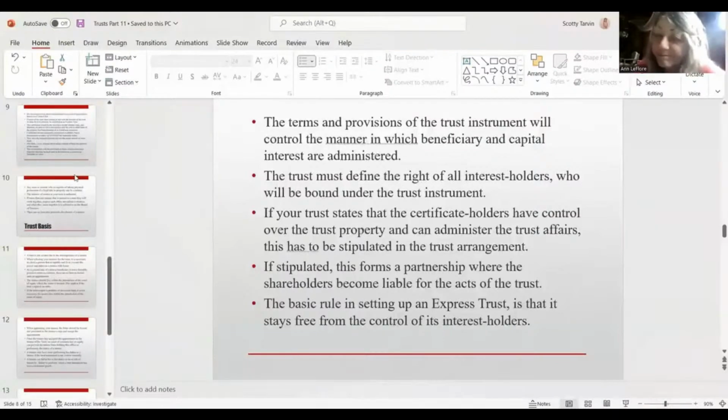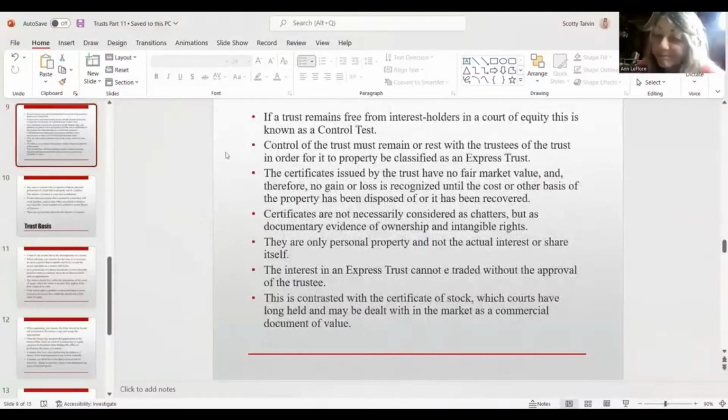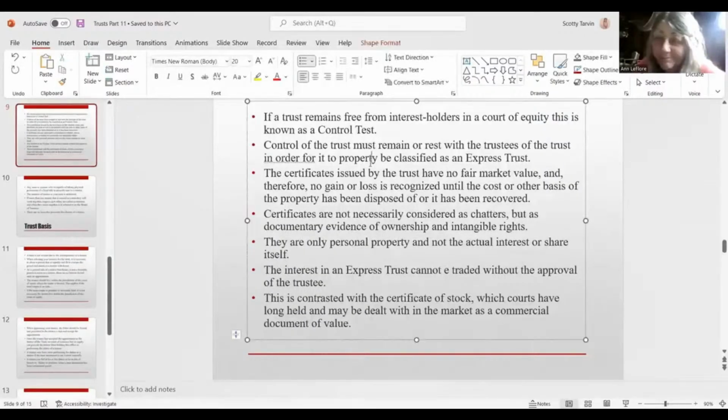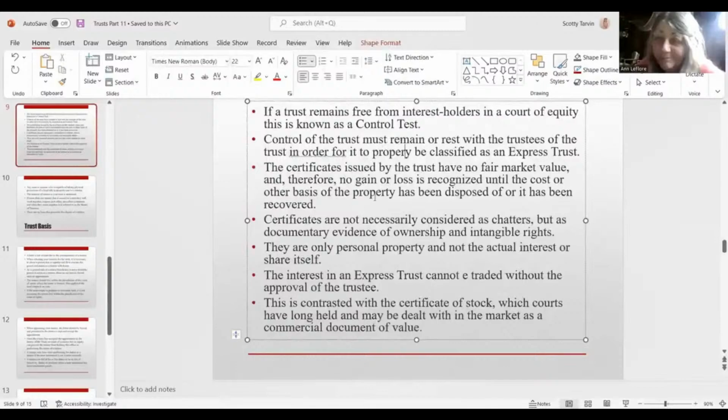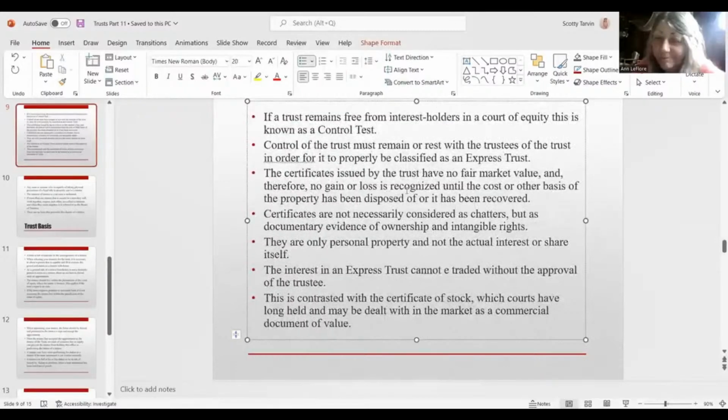All right. Panel 9. If a trust remains free from interest holders in a court of equity, this is known as a control test. Control of the trust must remain or rest with the trustees of the trust in order for it to properly be classified as an express trust.